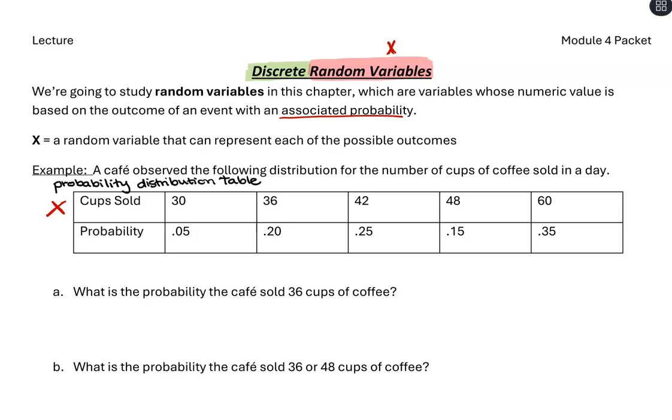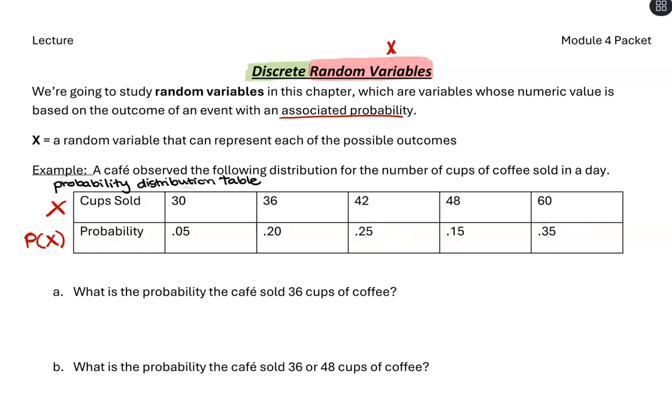Then associated with our random variable is a probability. I'm going to write that as P of X. So we're going to have a probability associated with each of these with the 0.05, 0.2, 0.25, 0.15, 0.35.